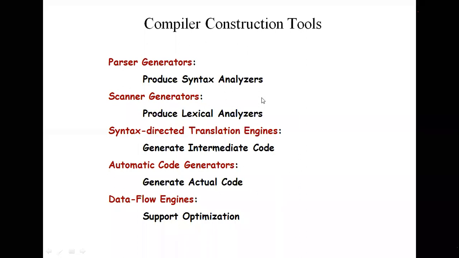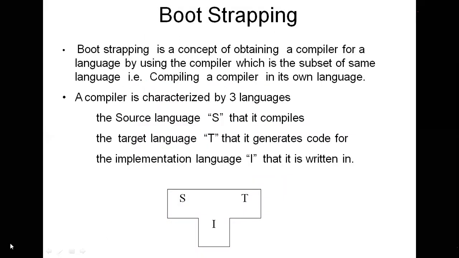And now we are going to learn the next concept, which is bootstrapping. After knowing about the compiler construction tools, we are going to learn about bootstrapping. Here we have a structure in the form of a T representation.